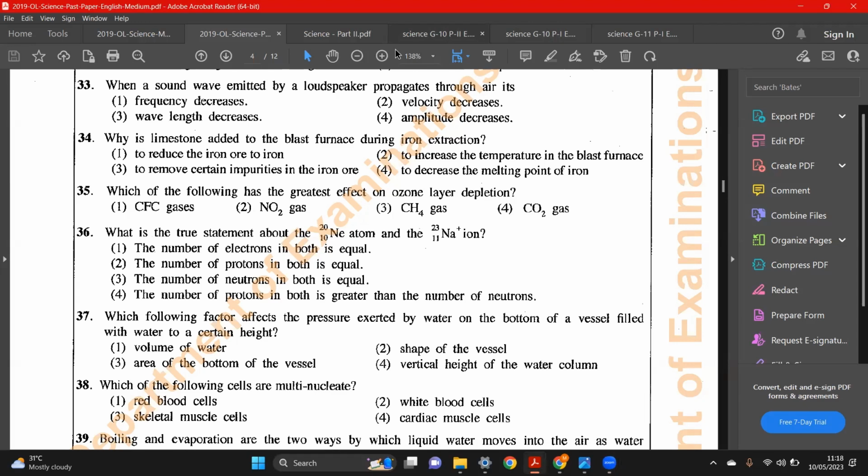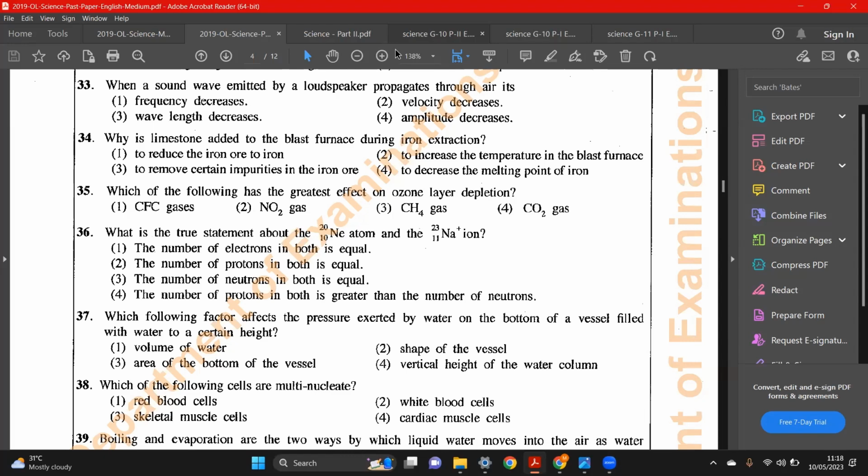So even though nowadays CFC gases are banned in a lot of countries, in lots of industries, still people used CFC gases for decades, a long time ago. I think somewhere around 2005 or so, it was fully banned from the world. So until then, people had been using CFC gases.